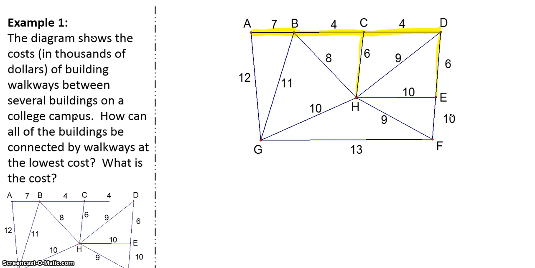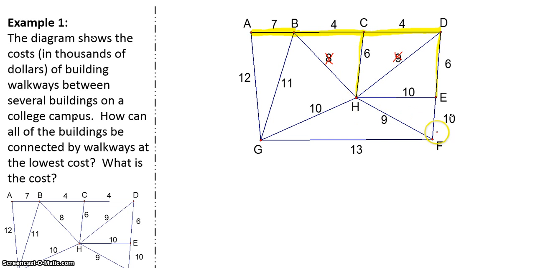So you can't build that one. So I'm going to cross that one out. Okay. Is there another 8? Nope, that's it. Now the next number is 9. So then I would not build this one because that would create a closed circuit. So I'm going to cross that one out.